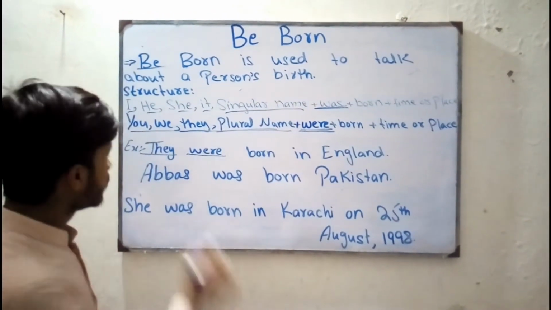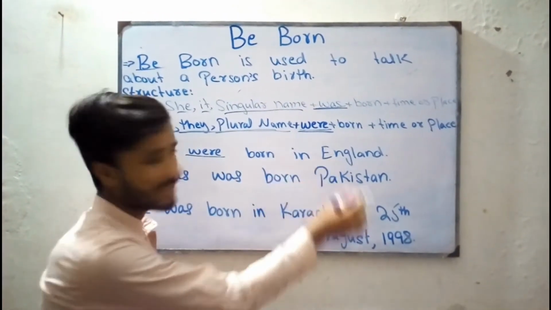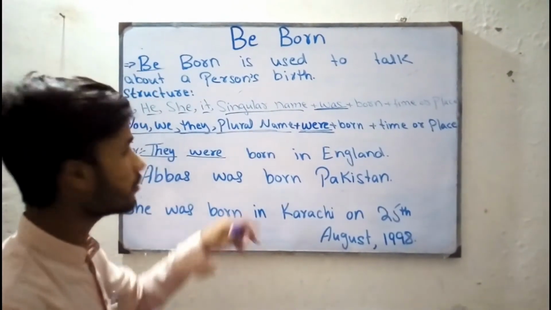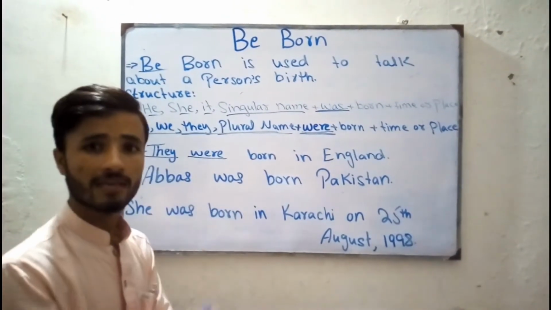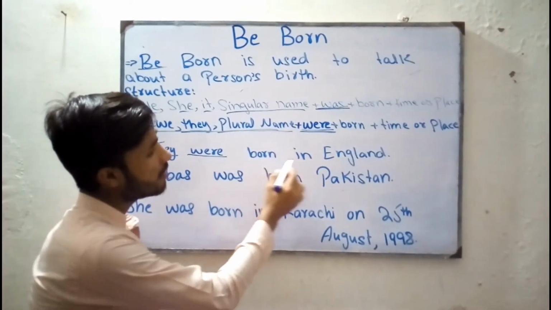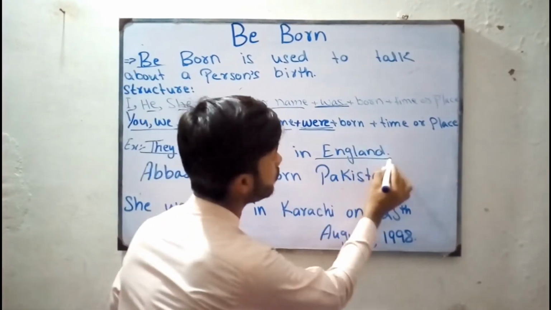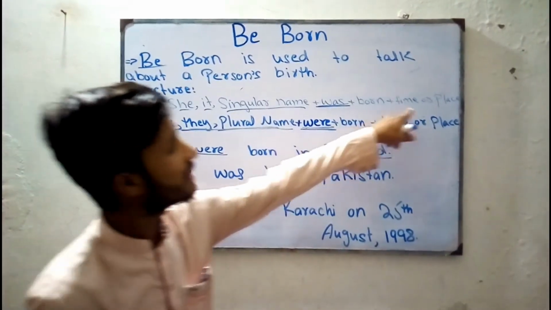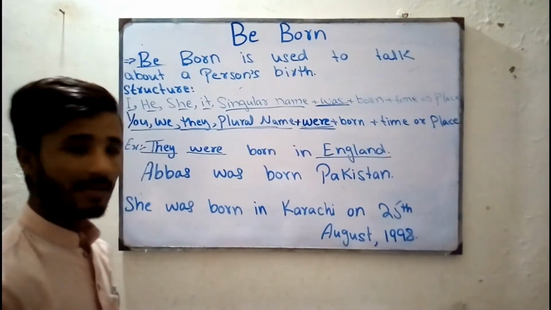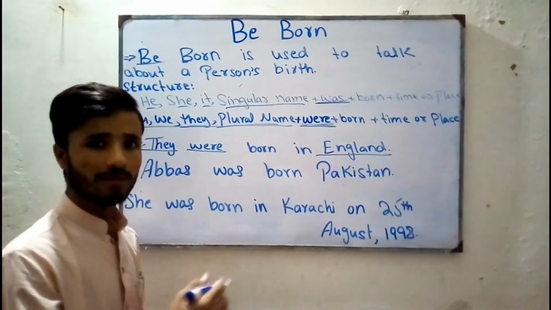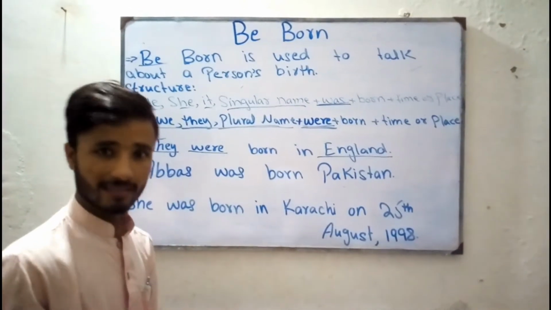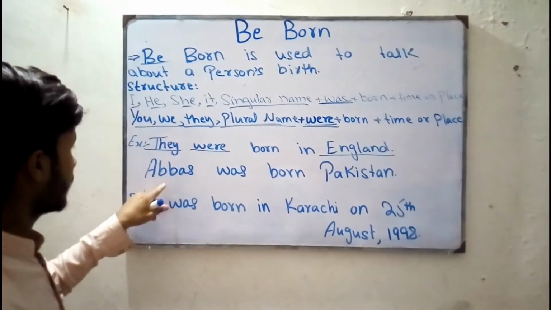Now we wanted to know where they were born. So they were born in England. Here it shows us a place, as you can see, time or place. Is this clear? Now we came to know after this example that they were born in England.